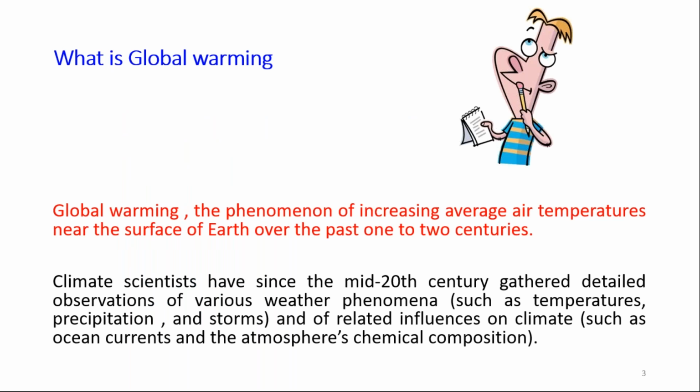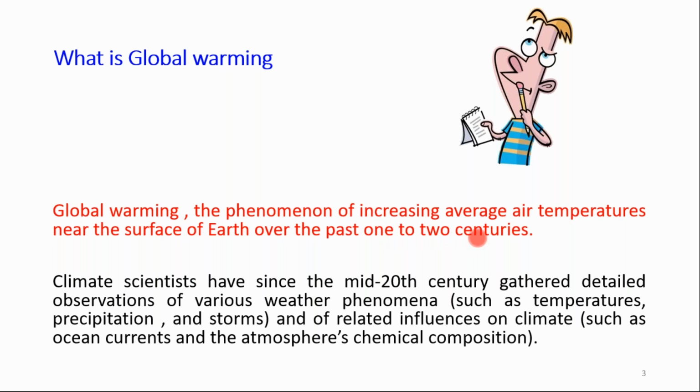So what exactly is global warming? Everybody is talking about global warming, and some are also talking about climate change and temperatures. But what exactly is global warming? The phenomenon of increasing average air temperatures near the surface of the earth over the past 1 to 2 centuries is called global warming.